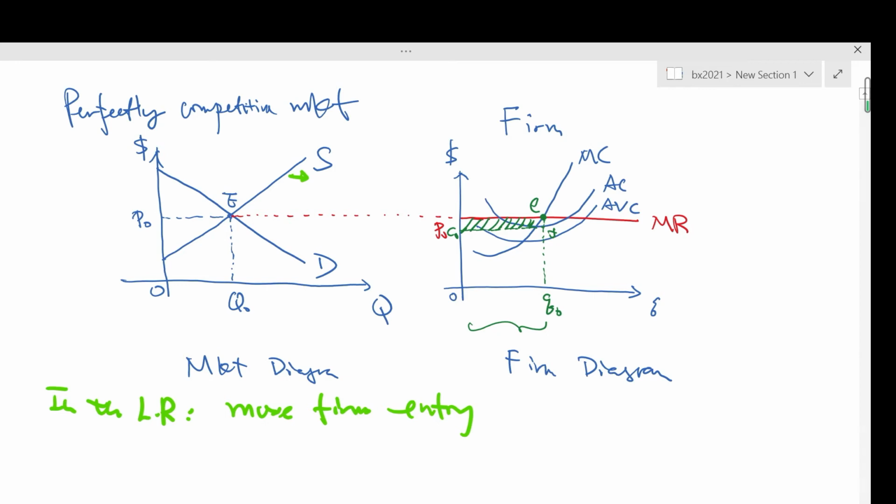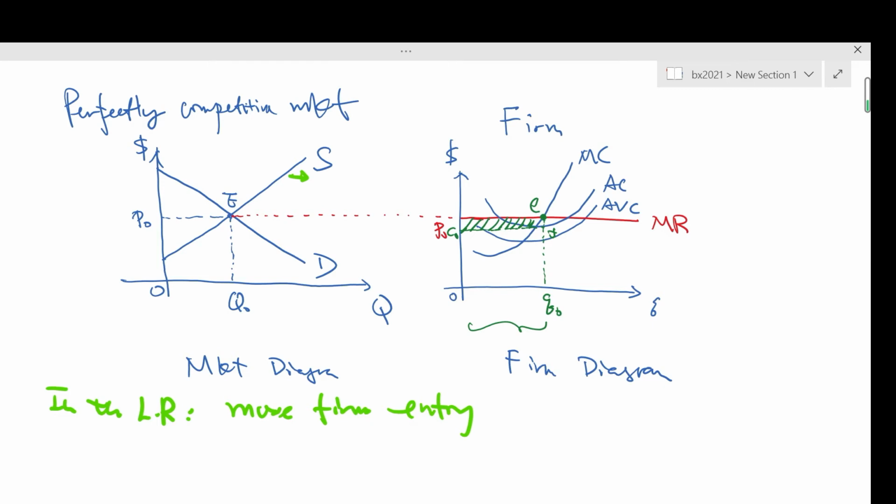Now, since the profit is driving the firm entries, and as more firms enter the market, the supply curve shifts to the right, and the market equilibrium price decreases. So as the market equilibrium price decreases, firms' revenue decreases, and in the end the firms' profit decreases.